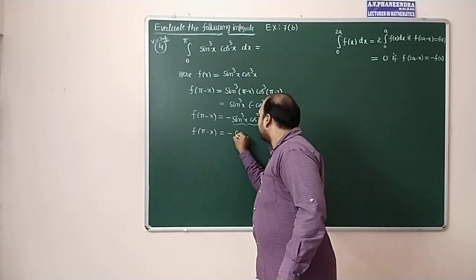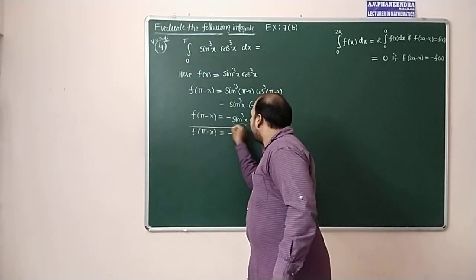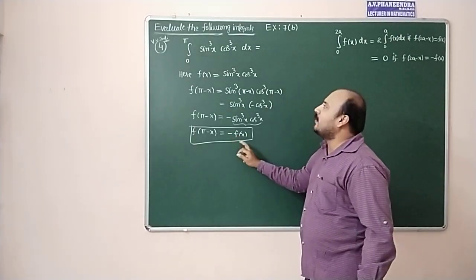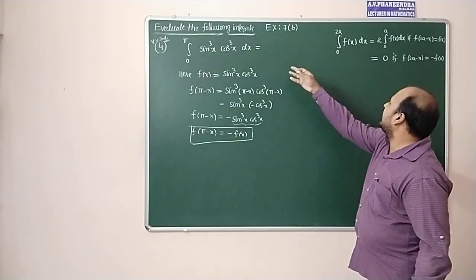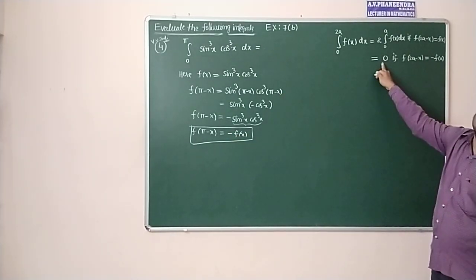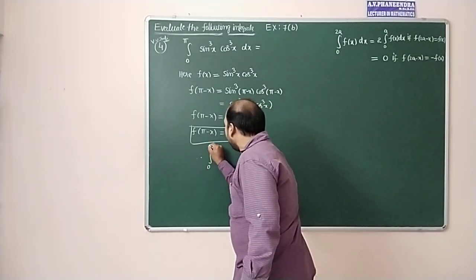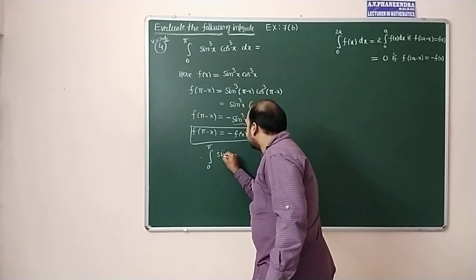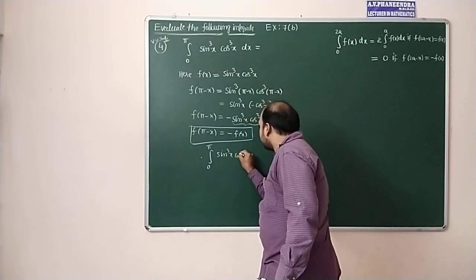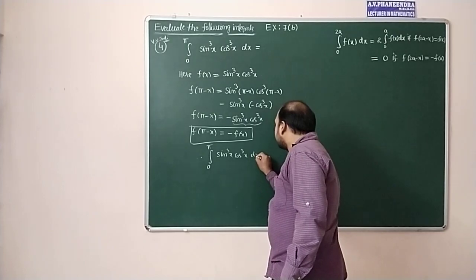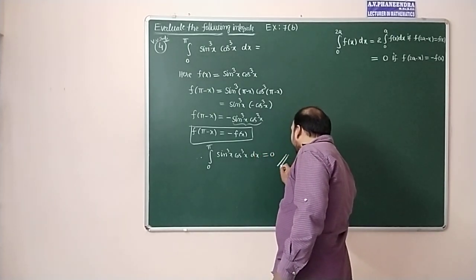So minus f of x. Whenever f of pi minus x is equal to minus f of x, the given integral value goes to be what? 0. Therefore, integral 0 to pi sin cube x into cos cube x into dx is equal to 0.